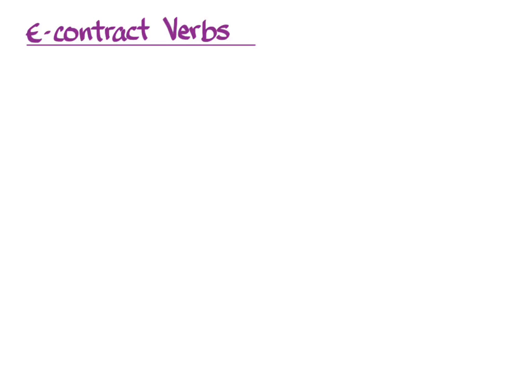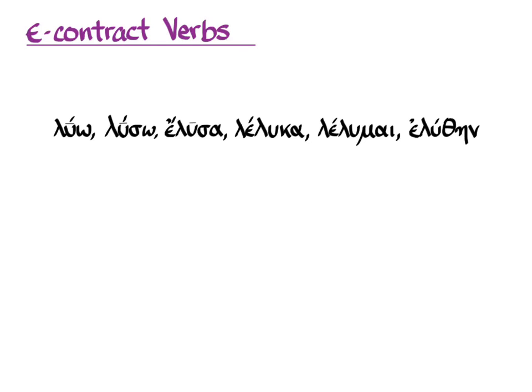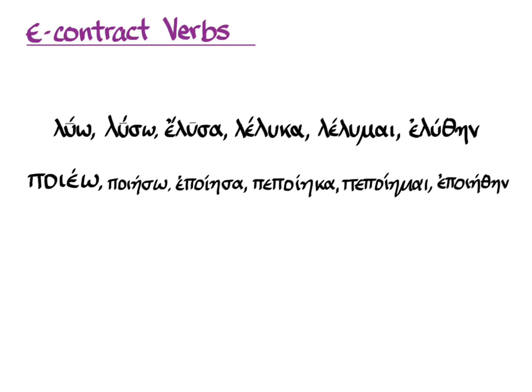the present indicative active. So far, the verbs you've encountered have been like luo and have a principal part whose stem ends just before the omega. In this chapter, you're getting a new class of verbs like poieo, poieso, epoiesa, pepoieka, pepoiemai, epoiethen, where the stem ends before the omega, but there's a complication.